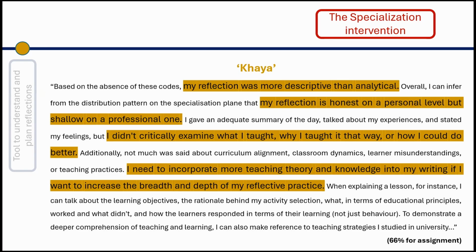I didn't critically examine what I taught, why I taught it, or how I could do better. And going forward, she said, I need to incorporate more teaching theory and knowledge into my writing if I want to increase the breadth and depth of my reflective practice. I think these are astounding insights that she was able to glean from this task.